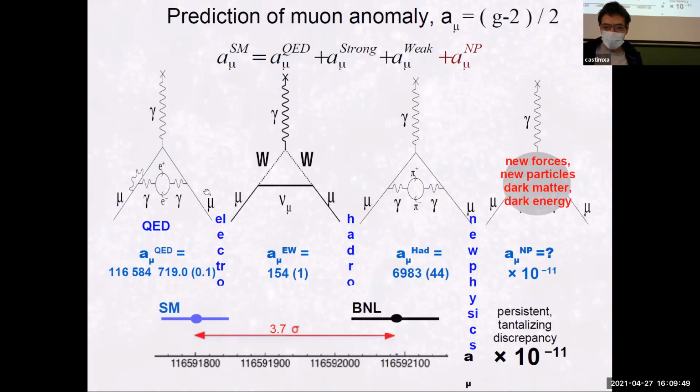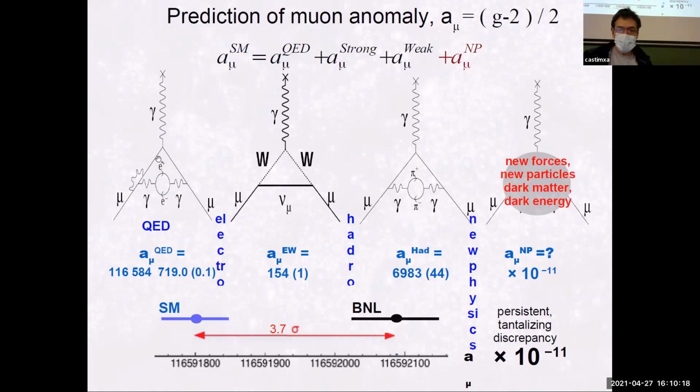I noticed this slide has got messed up a bit on here. I don't know why this electron, it shouldn't be electron going down like this, hadronic going down like this, and new physics going down like this. But anyway, this is meant to show you how they actually calculate the anomalous magnetism of the muon, that bit that's different from Dirac's prediction for the magnetism.